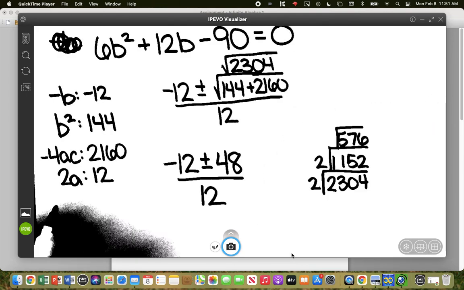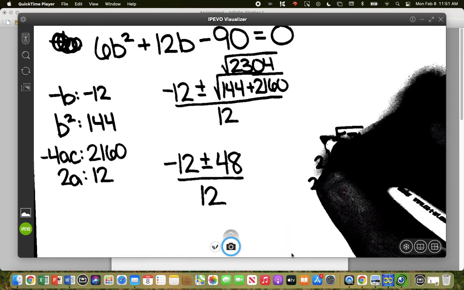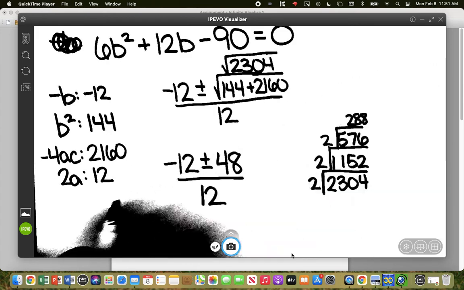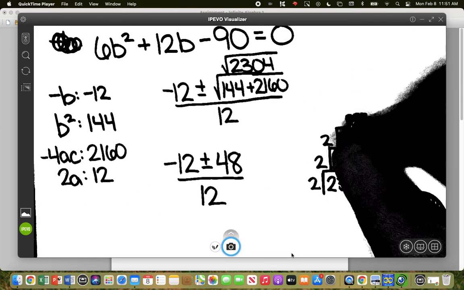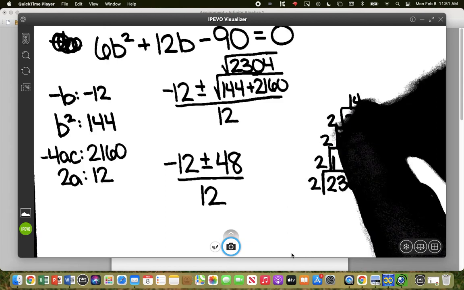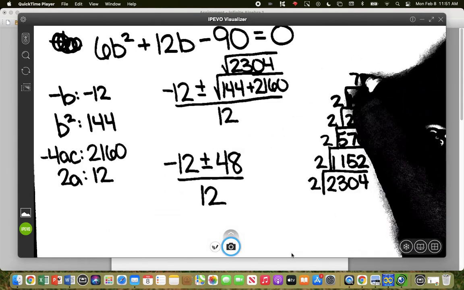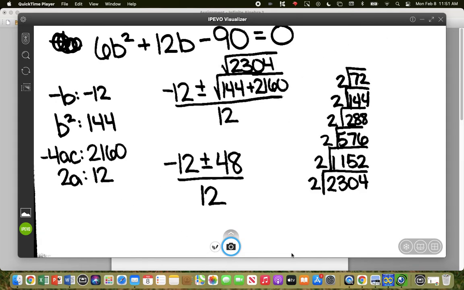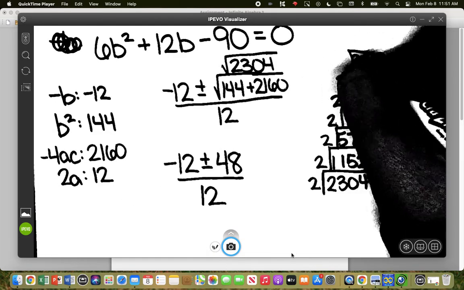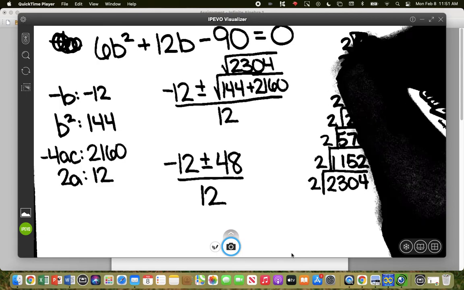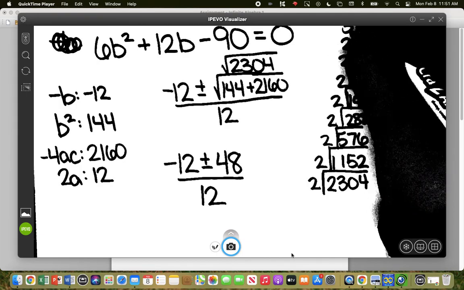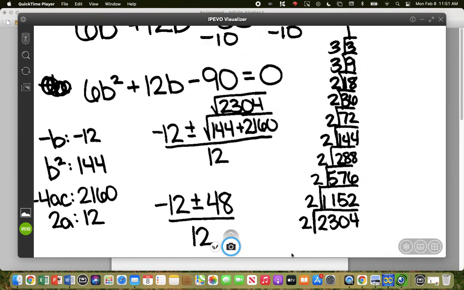Keep dividing by 2. And I get 288, divide by 2 again. And I get 144, divide that by 2. 72 divided by 2. And I get 36, divide by 2 is 18, divide by 2 is 9. Alright, so I kind of sped that up.